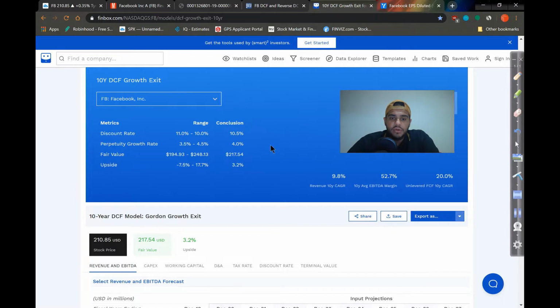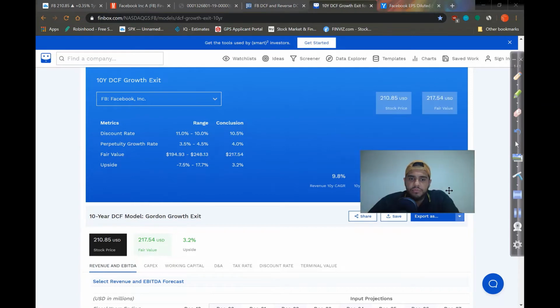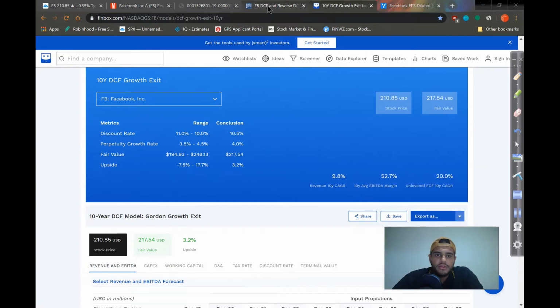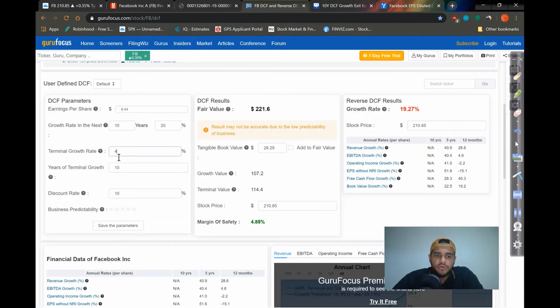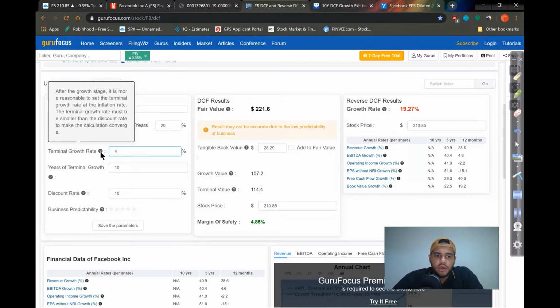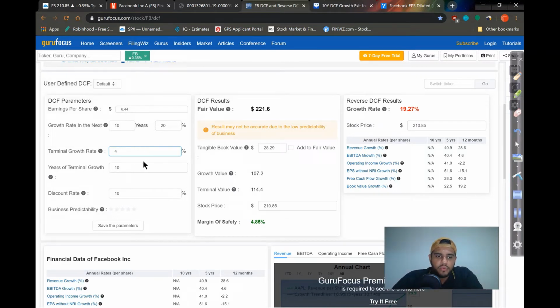The perpetuity growth rate, which is 4%, would be also similar to the terminal growth rate, and so we can use that as the terminal growth rate, which is, what is the growth rate at the inflation rate, right? So it has to be smaller than the discount rate so that you can calculate things properly.